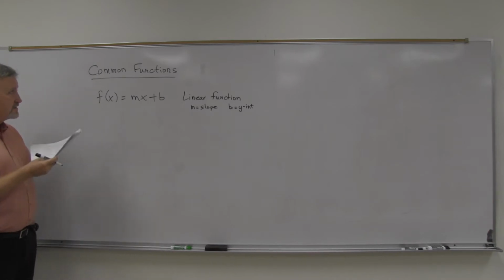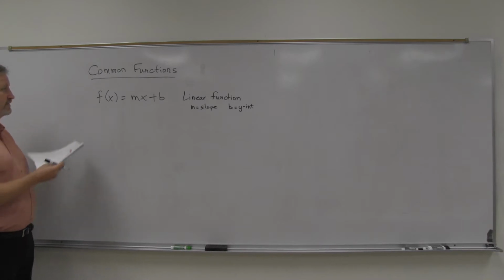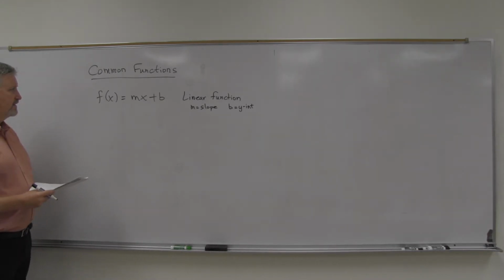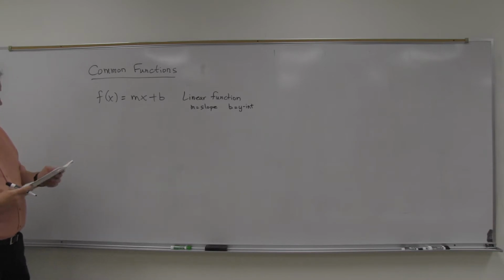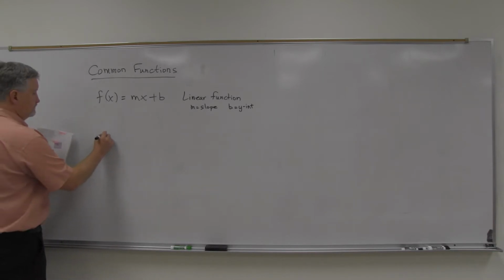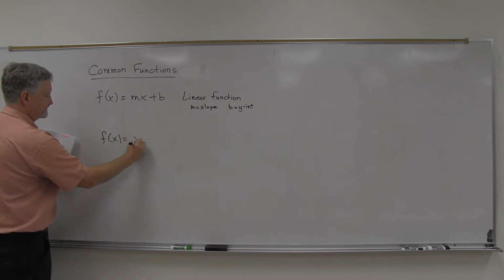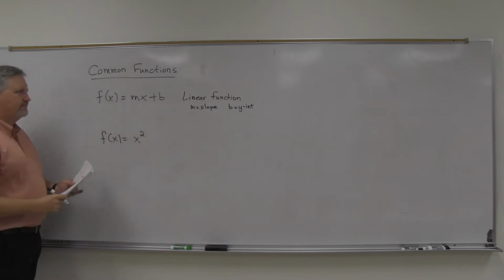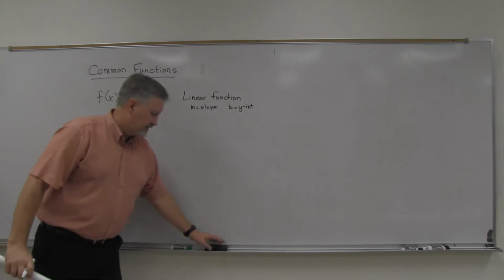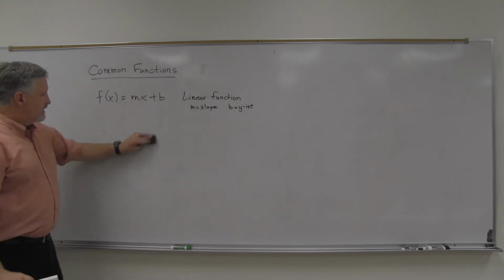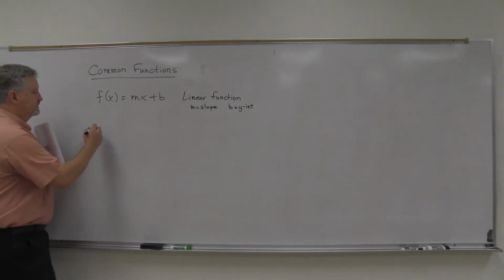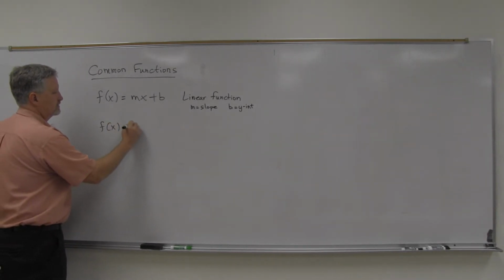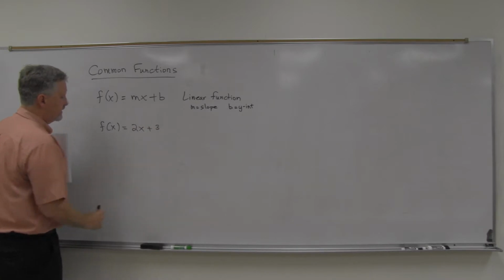Well, actually, the other ones here we're going to cover are somewhat simpler in that they just involve the x value, some operation on the x value. But before I go into that, let's just do one: 2x plus 3.